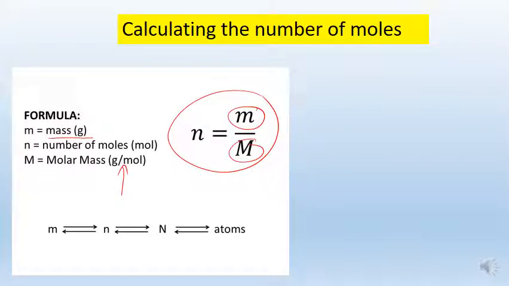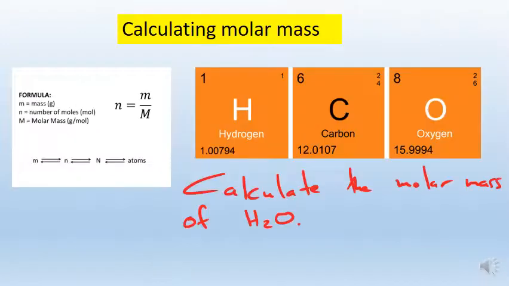I think it's absolutely crucial that you understand that. So to calculate the number of moles, it's the mass in grams divided by the molar mass in grams per mole. What we're going to do next is a few calculations and see how we get to these.